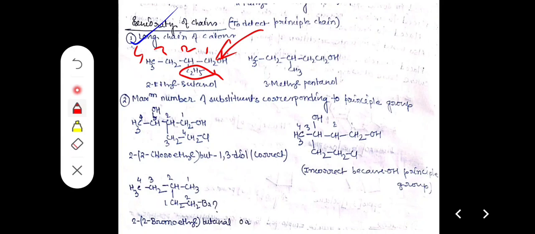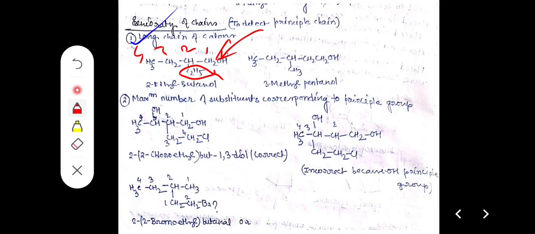If the other side is a longer chain, if available, in that case we have to consider the longer chain, and numbering should be indicated from the main functional group. So we have to consider the longer chain first, and the numbering will start from the main functional group.